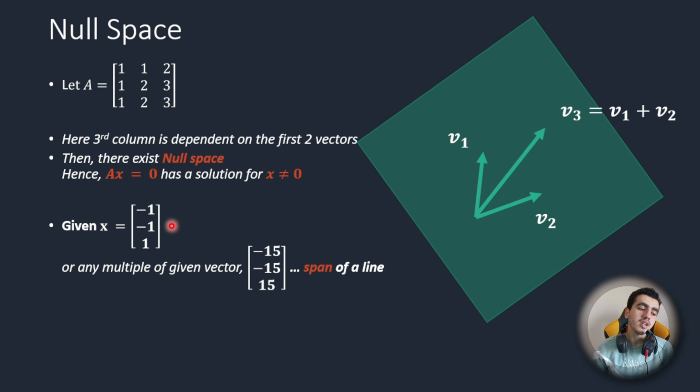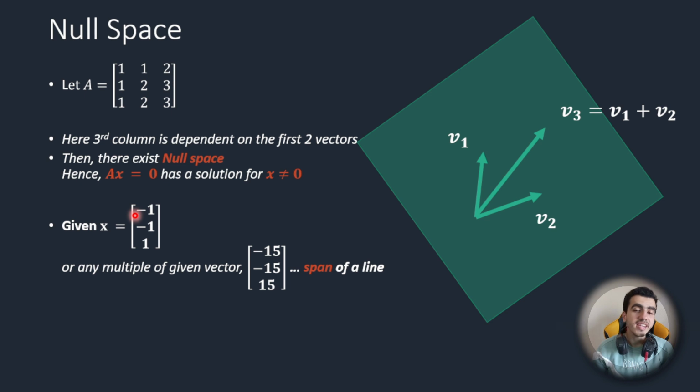From this example, I can see that we can simply make it -1, -1, 1. So I can multiply the first column by -1, the second by -1, and the last one by 1, and add them. They will output 0. So this vector exists in the null space, and it's the basis of the null space.